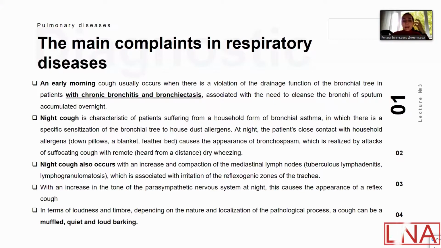Next, with an increase in the tone of the parasympathetic nervous system at night, there is an imbalance between the sympathetic and parasympathetic parts of the nervous system, and this can cause the appearance of a reflex cough. In terms of loudness and timbre, depending on the nature and localization of the pathological process, a cough can be muffled, quiet, or loud and barking. That is the next characteristic of the cough.